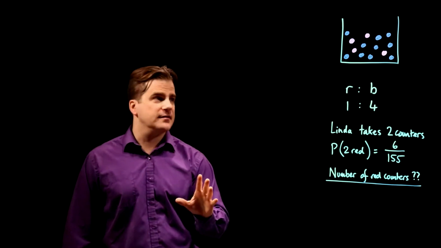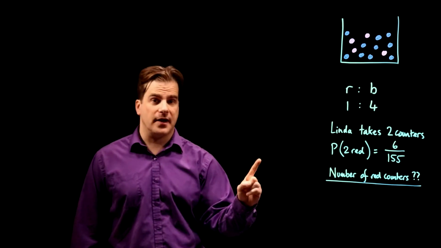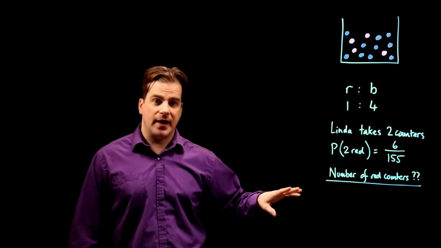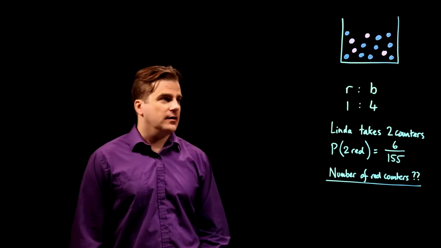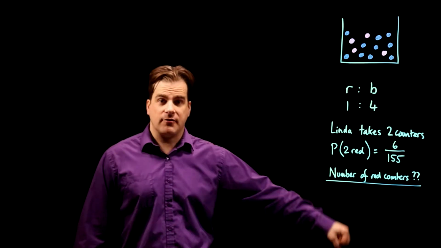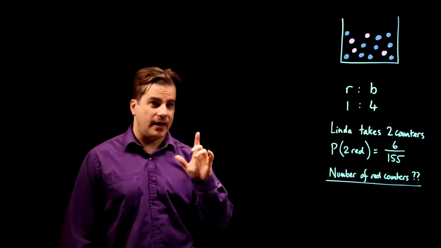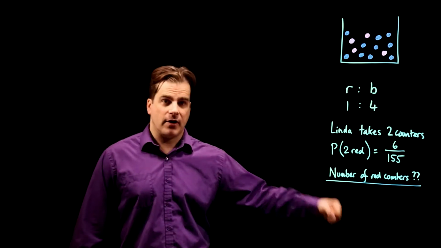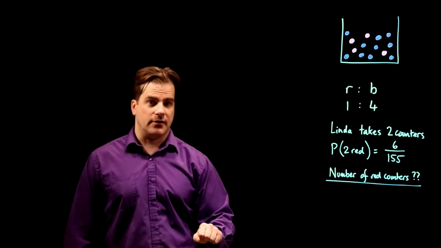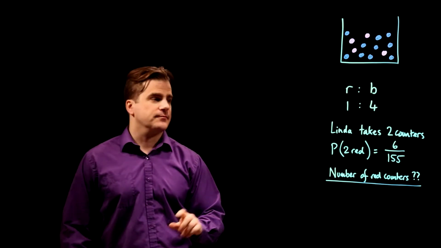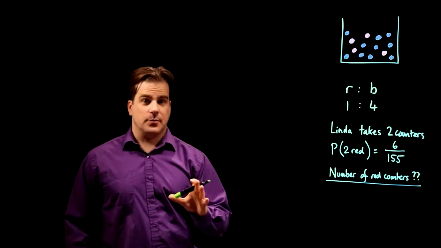The point is, it's probability without replacement. You're not replacing that first counter in the box after you've taken it out. Reaching in, randomly grabbing 2 counters is mathematically identical to reaching in, grabbing 1, not replacing it, then reaching in and grabbing another. That's important.